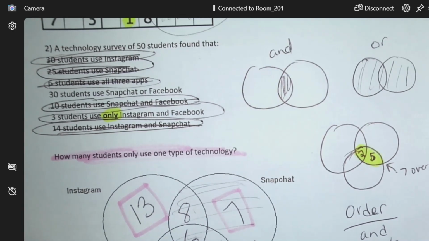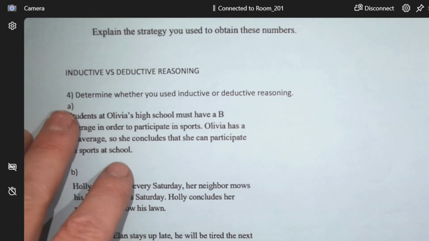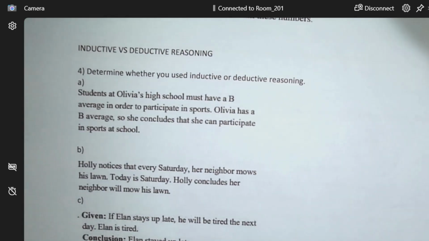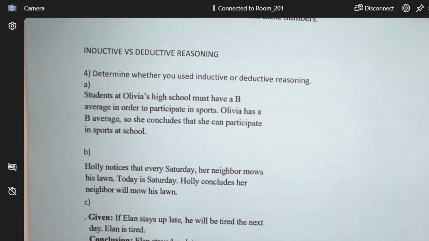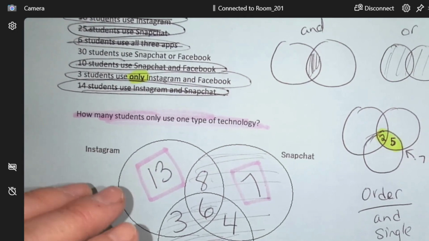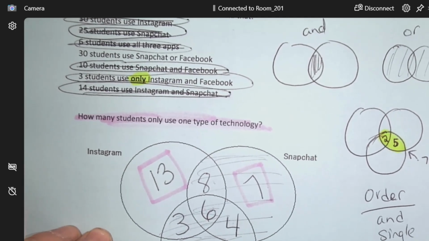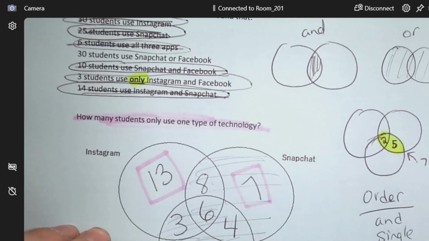You got a couple little tiny things in your cheat sheet that you want? There might be some students that don't use anything. What did you all add up to? Like 43.